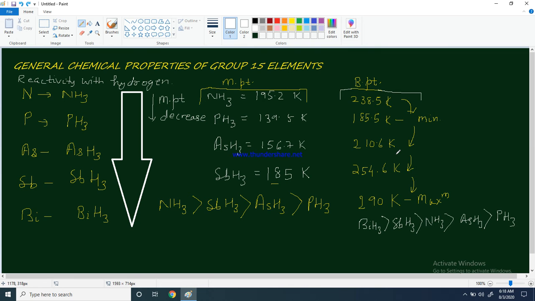Mostly chemical properties are asked, and these are data based questions. If you have the data, then you will be able to answer.